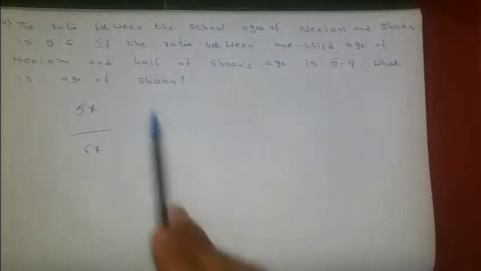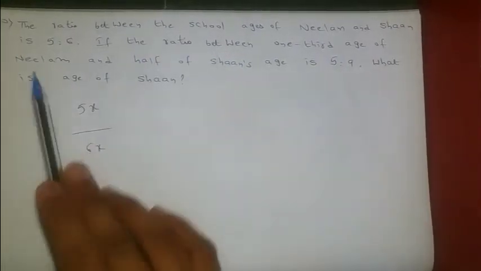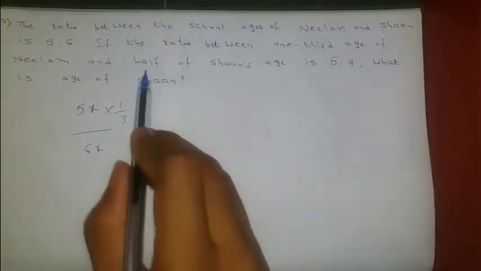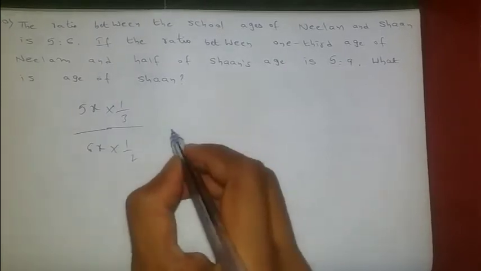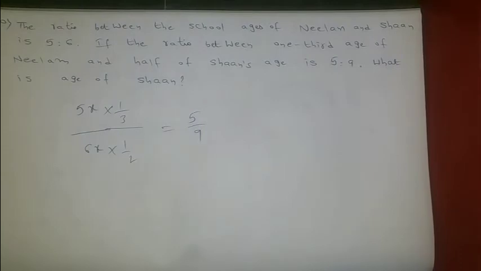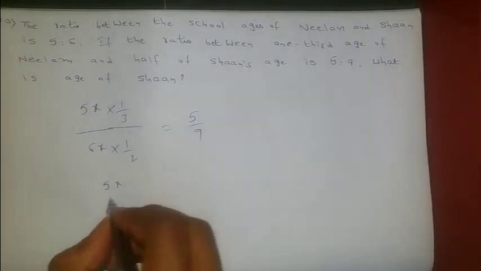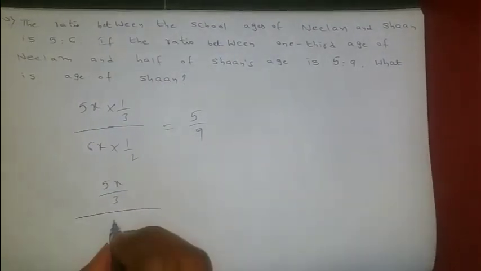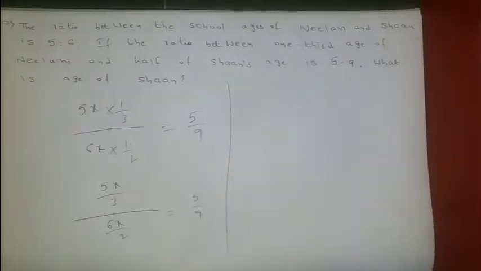Next, the ratio between 1/3 of Neelam's age and half of Shan's age is 5:9. 5x into 1 by 3, nothing but 5x by 3, whole divided by 6x into half, nothing but 6x by 2, is equal to 5/9.